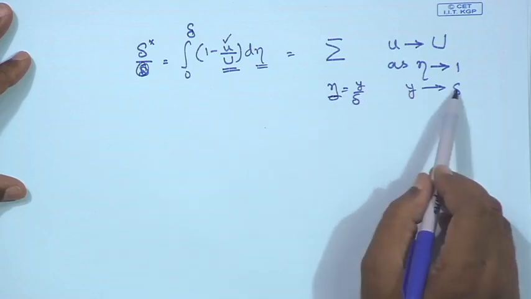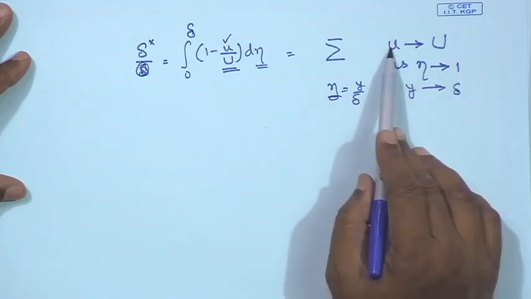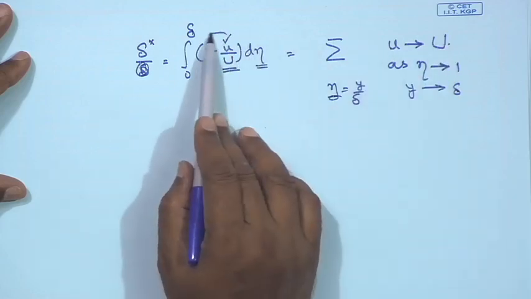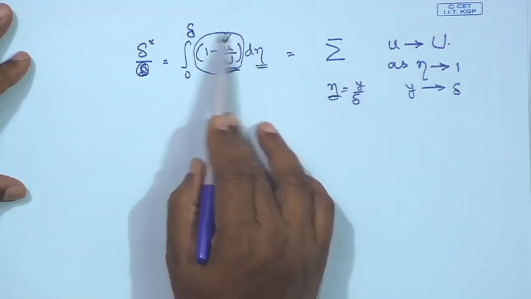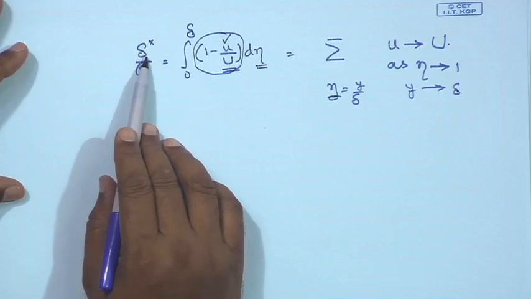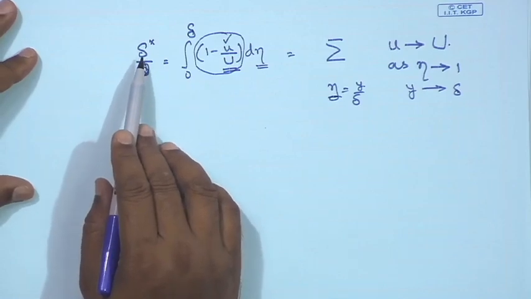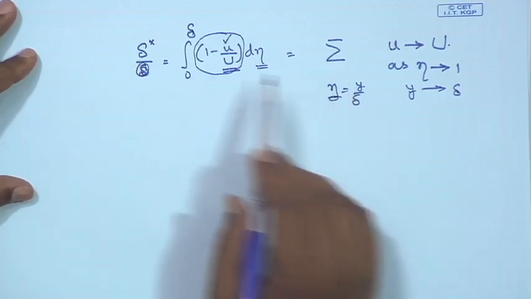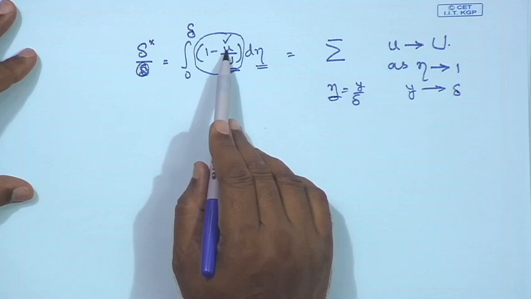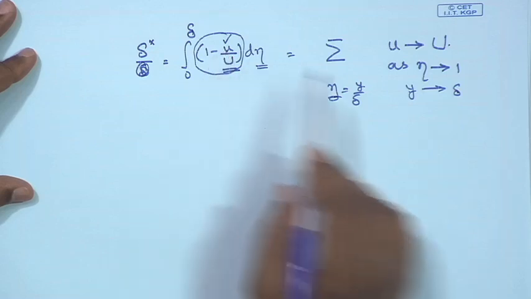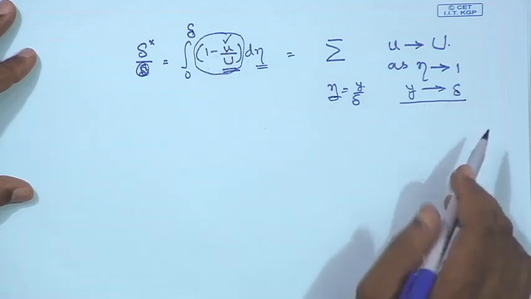As y tends to delta, u tends to capital U, and this entire term becomes very small. So, the definition of delta star is such that you do not have any effect of the errors associated with u when you approach the free stream.